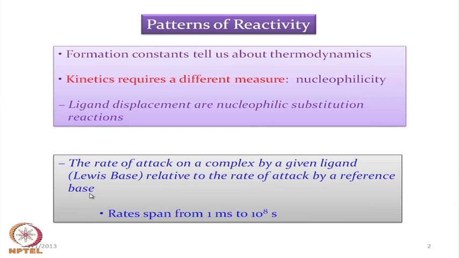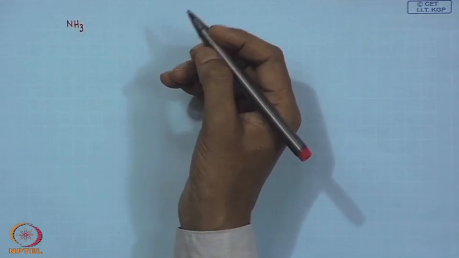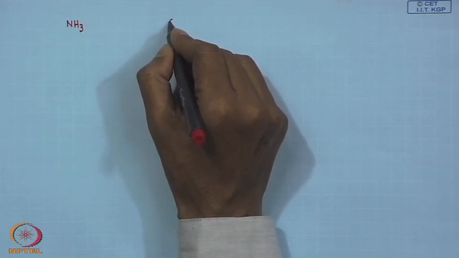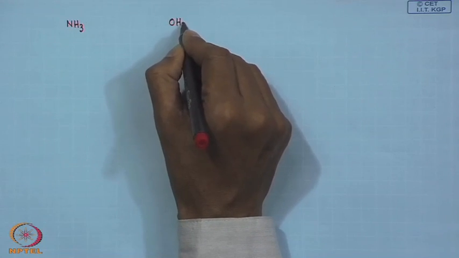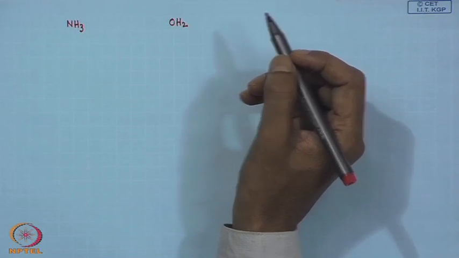So, if we simply consider the corresponding substitution reaction where the given ligand is, say, ammonia, which is a Lewis base, and the reference ligand, which is also a reference base, is the water molecule.